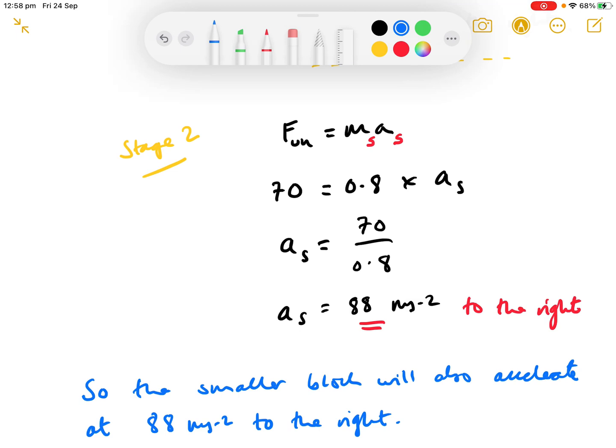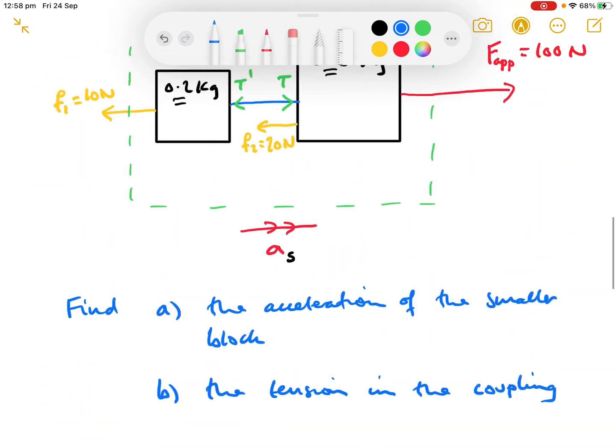Okay, because it's part of the whole system and they all accelerate at the same rate. The only reason that's such a big acceleration, of course, is that 100 newtons with friction of 30 leaves 70 newtons, which is quite a big force on a small mass like that.